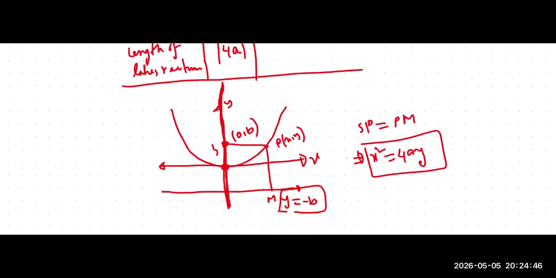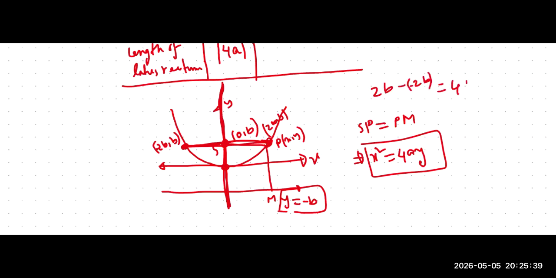Length of latus rectum: in this case, it is the distance from one end point of the graph to another end point, but the chord must pass through the focus. The coordinates of these two points are (minus 2b, b) and (2b, b). Since there is no change in the y direction, the distance between these two points is the absolute value of the change in x. The change is 2b minus (minus 2b), which is ultimately 4b.